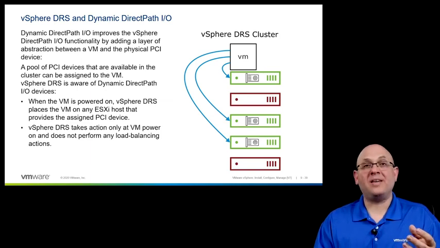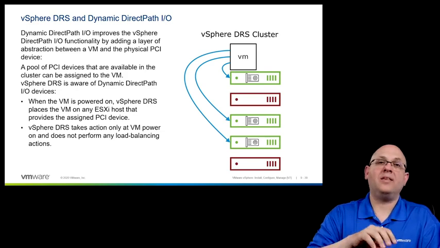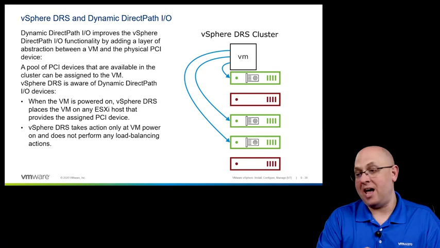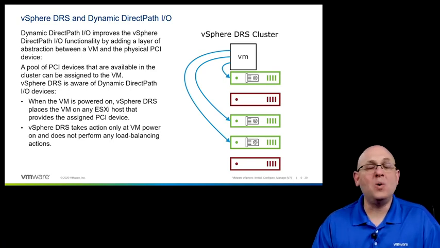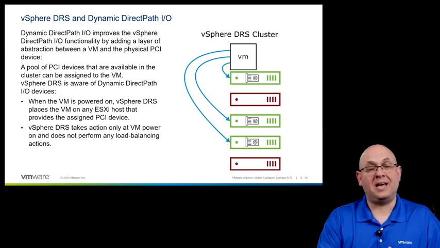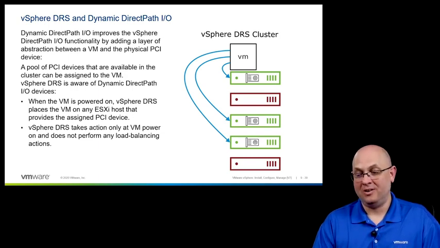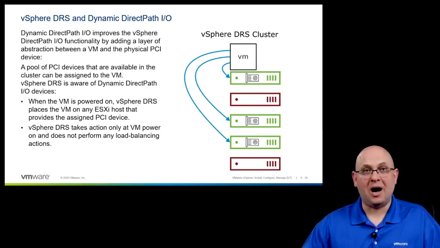Now, rather than pointing to a PCI device, as you point to the pool and their devices across the cluster, we can enable things like HA and vMotion. So this is Dynamic Direct Path I/O, and it was introduced in vSphere 7, and it supports both Direct Path I/O PCI devices as well as NVIDIA GPU devices, okay? And it does a very, very nice job.